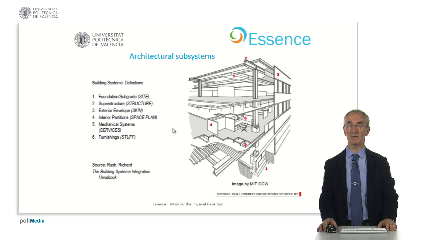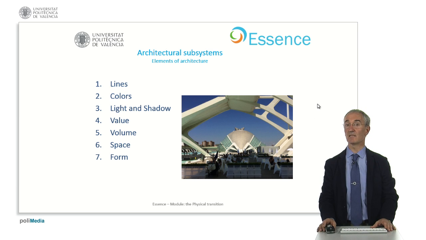All these subsystems have different constraints which are to be integrated also with the elements which are more at the design level, which are provided by the architectural concept of the buildings.